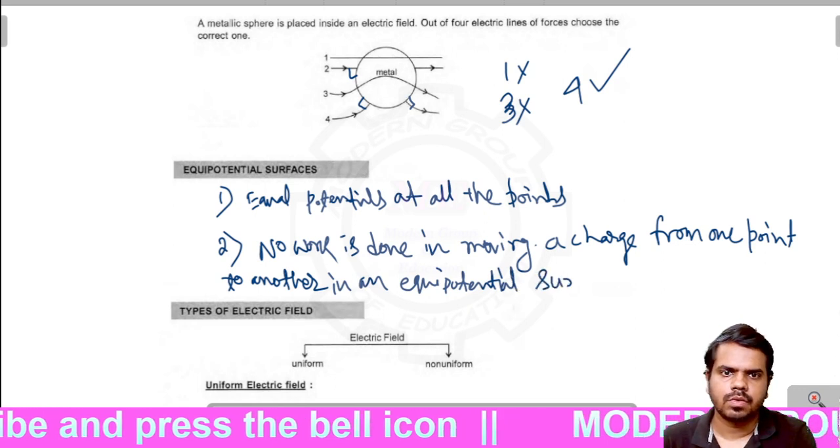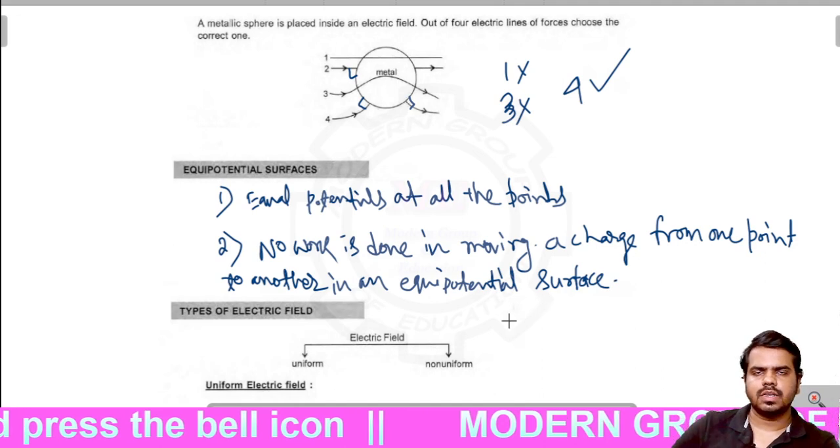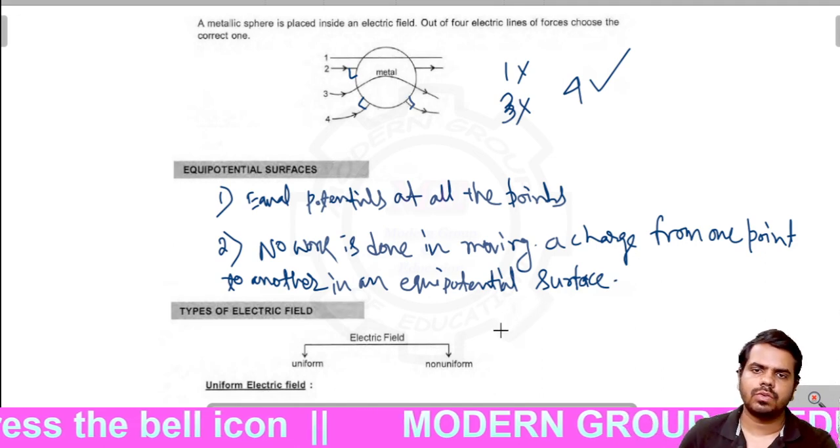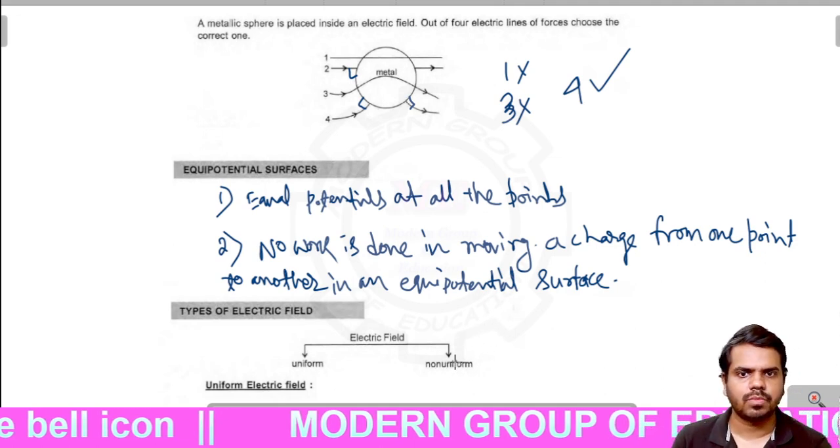Because if there is no potential difference, then there is no work done. So no work is done in moving a charge from one point to another point on an equipotential surface.